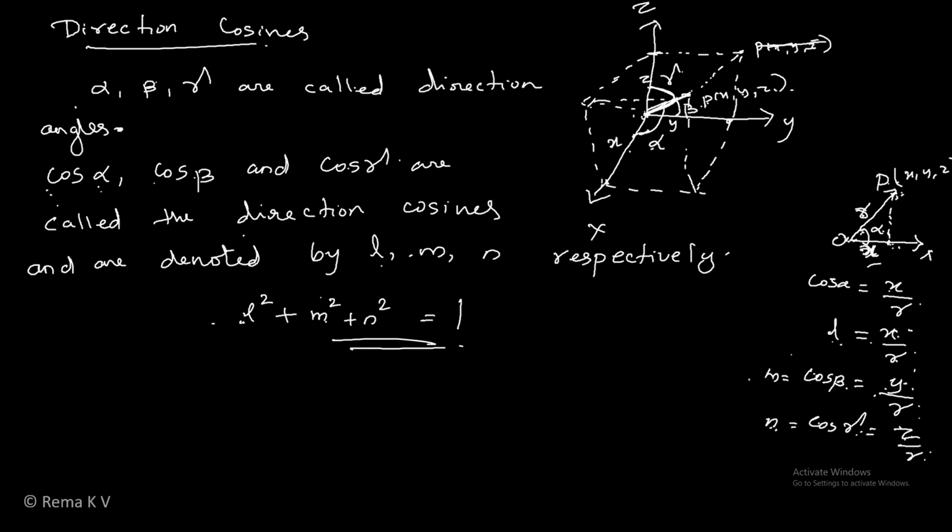That is, L is cos alpha, M is cos beta and N is cos gamma, where alpha, beta and gamma are the direction angles. And also, if direction cosines L, M and N are given, then L square plus M square plus N square is equal to 1. Always it is equal to 1.